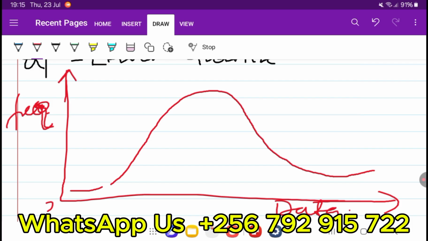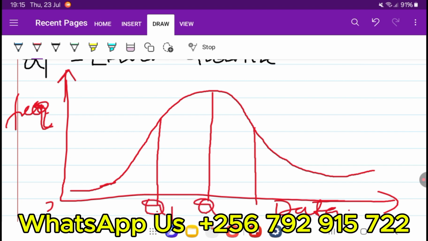Let's assume that this is our first slice on the data. This is now the second in the middle, then the third on this side. So this will be our Q1, Q2, and then Q3.